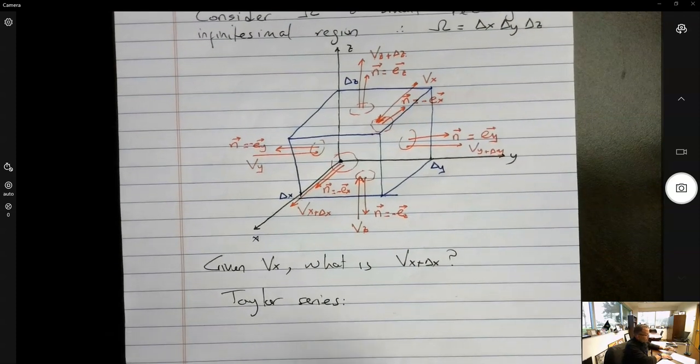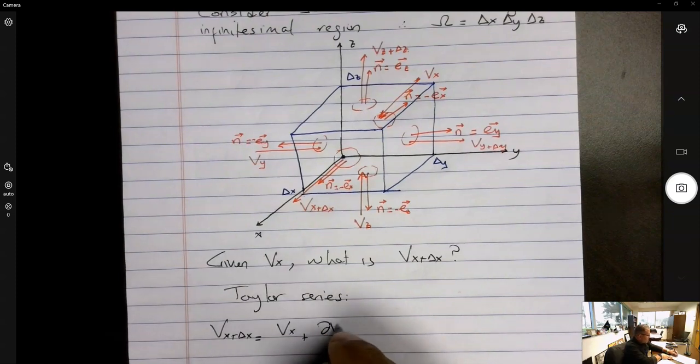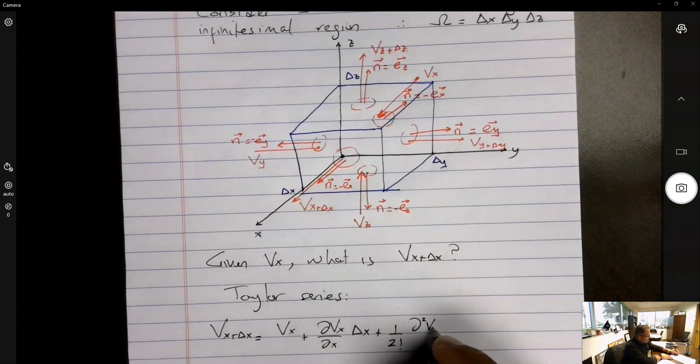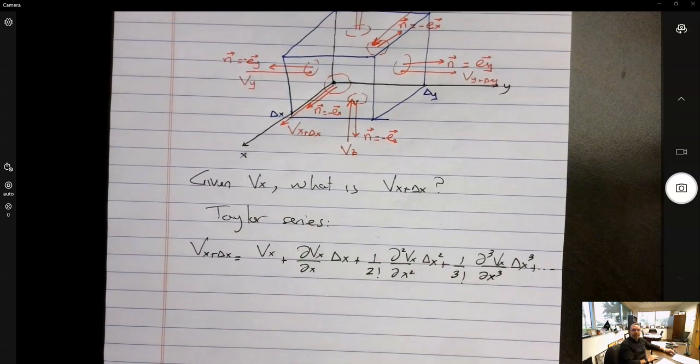What the Taylor series will give us is Vx at x plus delta x is equal to Vx plus dVx/dx times delta x, plus 1 over 2 factorial, the second derivative of Vx with respect to x squared times delta x squared, plus 1 over 3 factorial, the third derivative of Vx with respect to x cubed times delta x cubed, plus, it's an infinite series. This is what a Taylor series does.